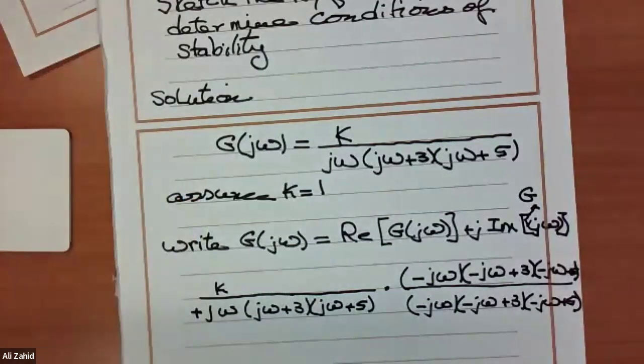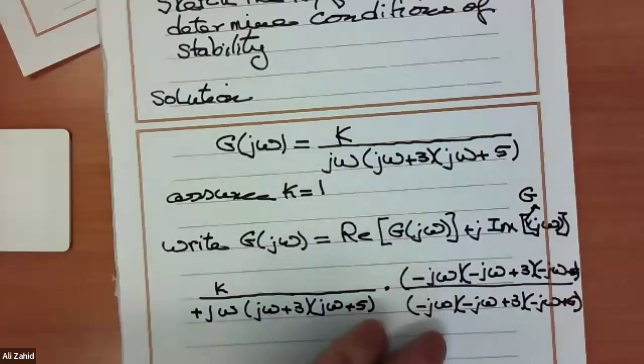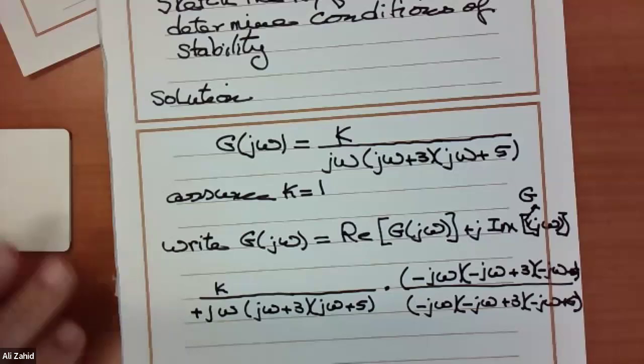Did you follow me? Which means I multiplied and divided by the conjugate, which means I multiplied and divided by 1. No change. Did you get it?